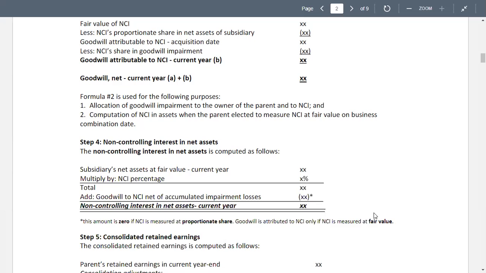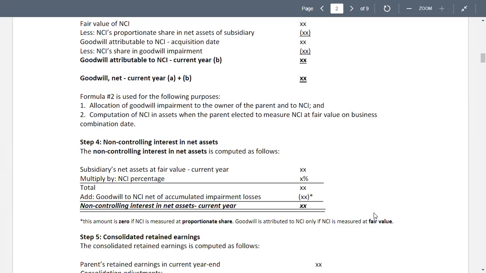To the product, we add goodwill to NCI net of accumulated impairment losses. Now, the total is the non-controlling interest in net assets current year. This amount is 0 if NCI is measured at proportionate share. Goodwill is attributable to NCI only if NCI is measured at fair value.